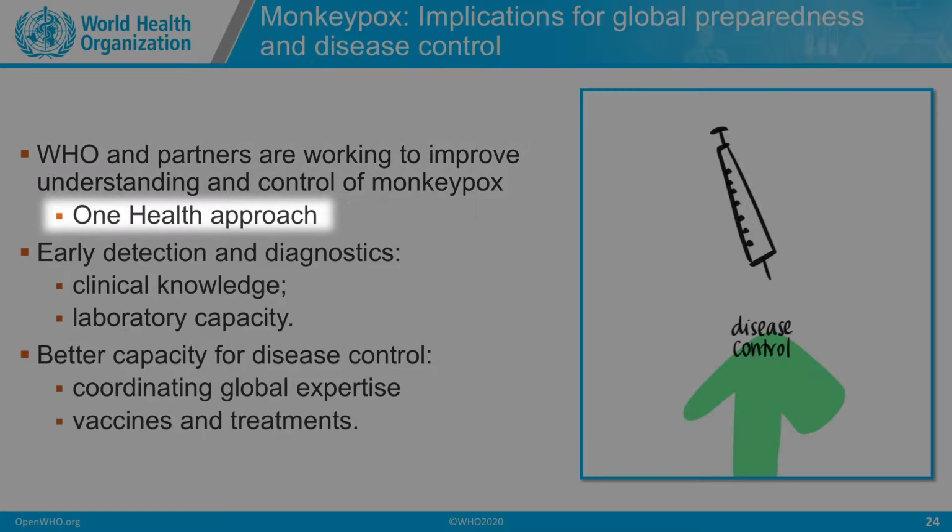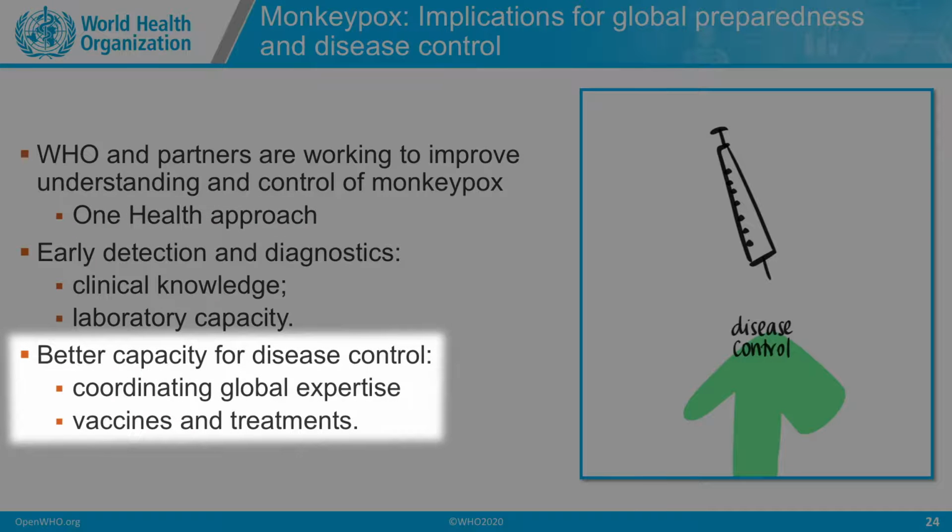Critical to this is the One Health approach because it is a zoonosis and infection is passed from animals to humans and then person to person. A One Health approach becomes an essential strategy. The World Health Organization is supporting countries to develop better capacity for disease control and supporting the further development of public health countermeasures such as vaccines and specific treatments.